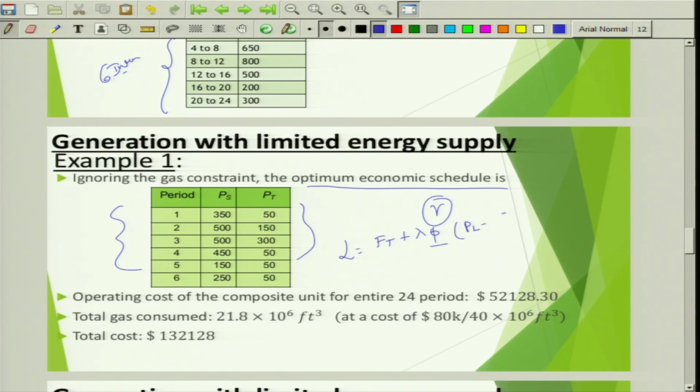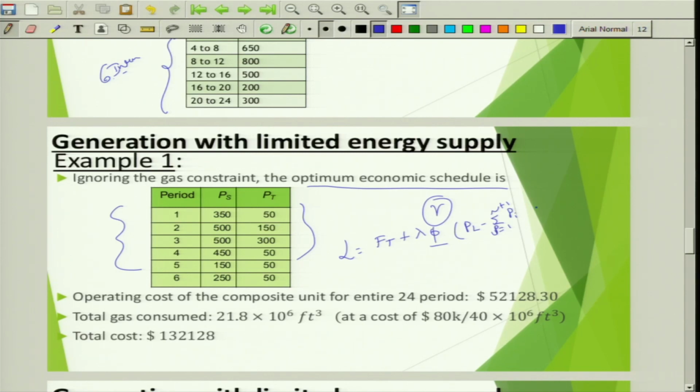Summation of load minus generation, Pi, i equal to 1 to n, plus n plus 1 let us say, because earlier our understanding was that n means only those generators where there is no constraint. Now we are just scheduling including everything.